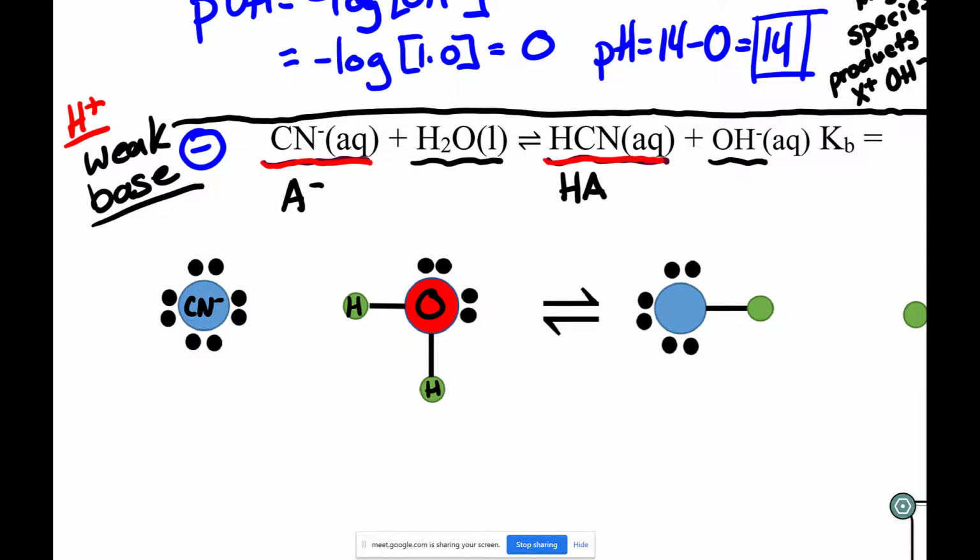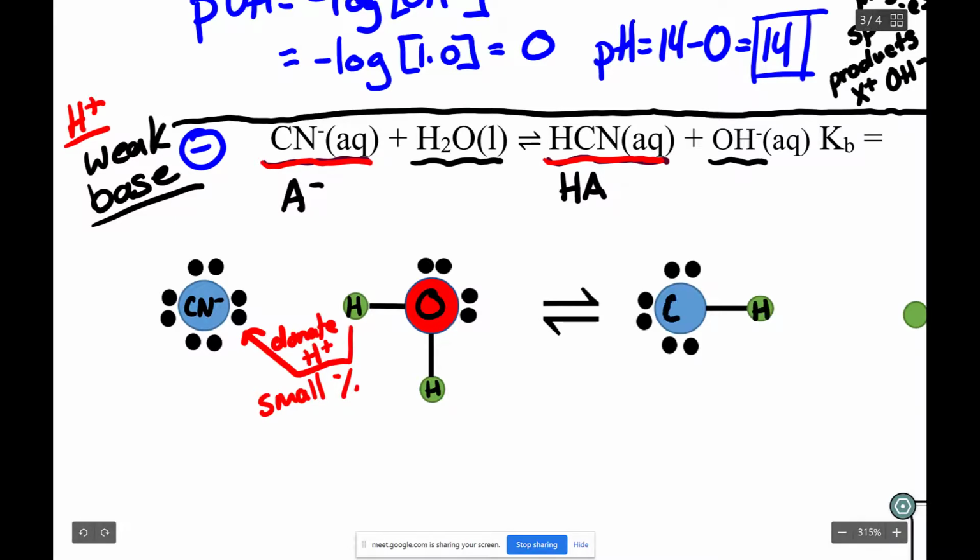So some of the time, but not all of the time, because weak bases do not go to completion when put into water, the water will donate an H plus to this anion in a small percentage. This would then grab onto that hydrogen and form HCN, which is this weak conjugate acid.